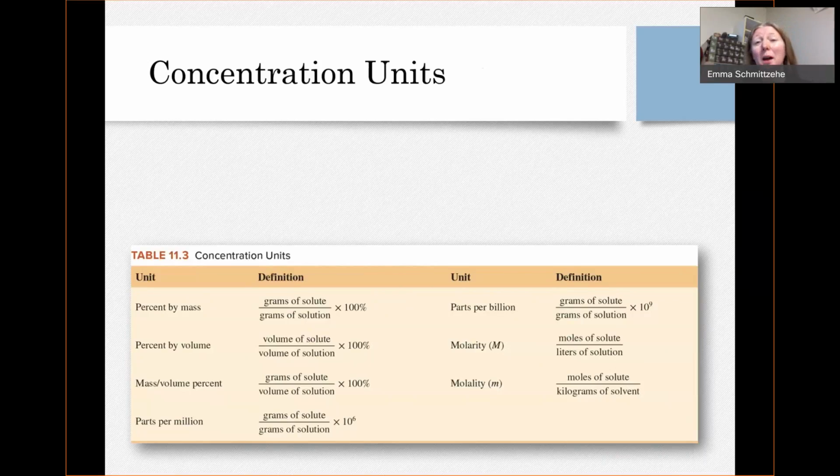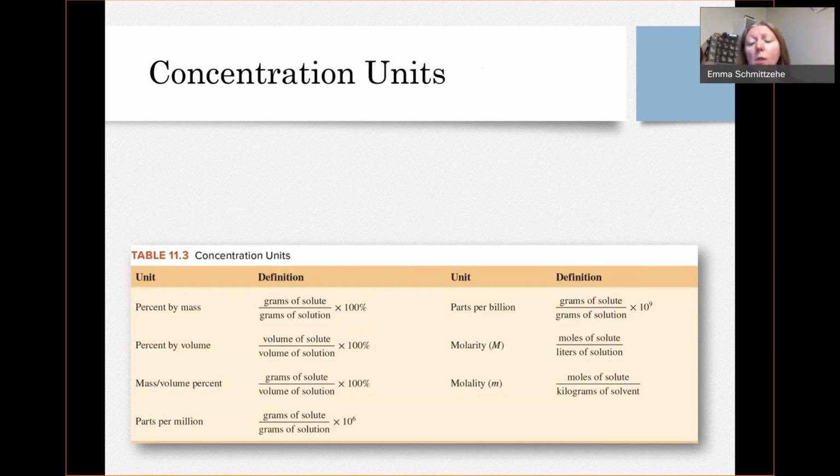If they want it by volume, like that second one given there, they would explicitly say that, because at least in chemistry, normally if we're doing one of these calculations for a percent or a ppm or ppb, we do it by mass.